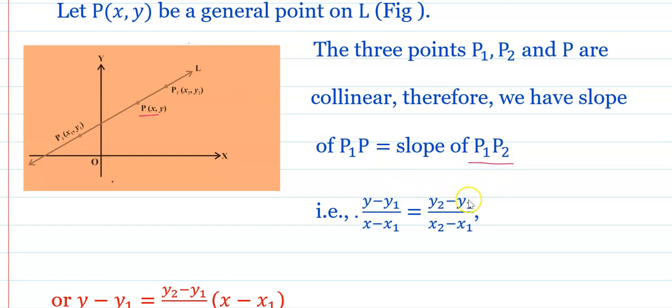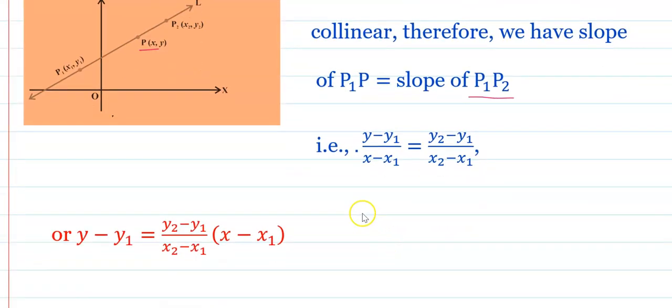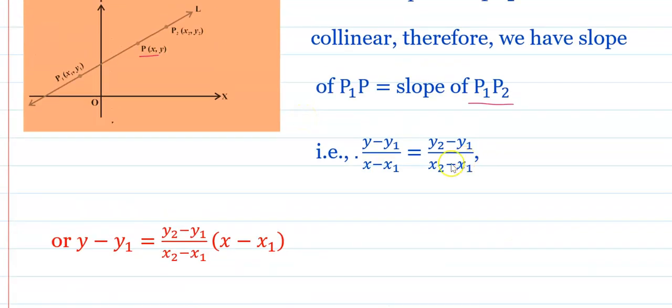Again, the difference of y coordinates upon the difference of x coordinates: y2 minus y1 upon x2 minus x1. Then keep this as it is and shift x1 to the right hand side.